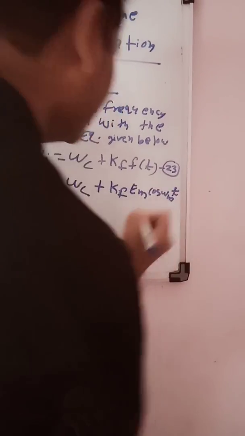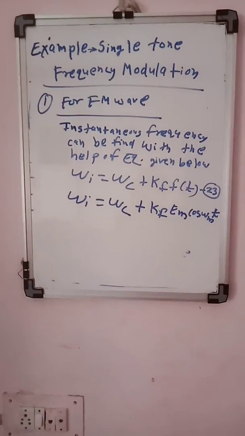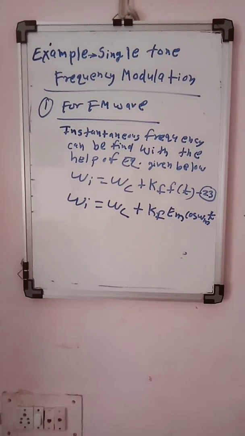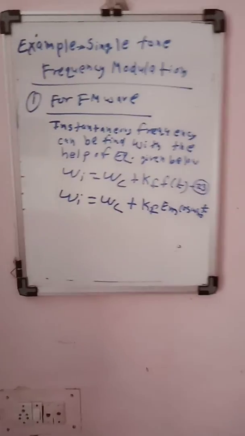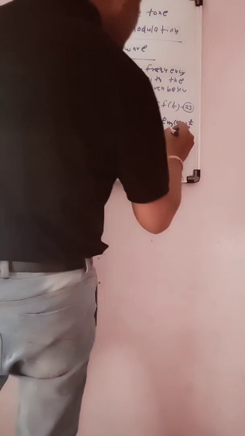So what I have done here, I put the value of ft from the question. In the question it is given that we are taking the single tone modulating signal, and the value of this single tone modulating signal is em cos omega mt. Let's name this expression as 24.